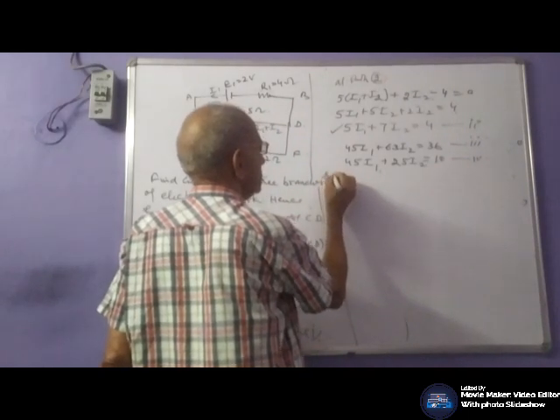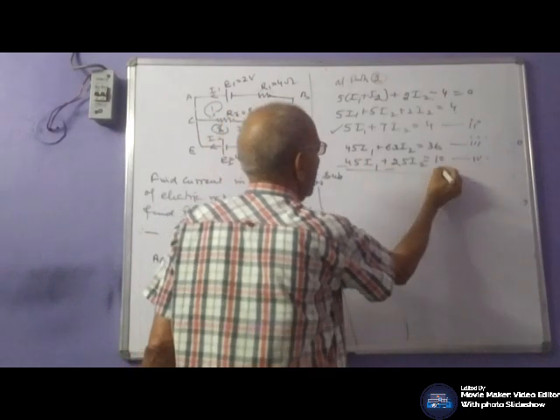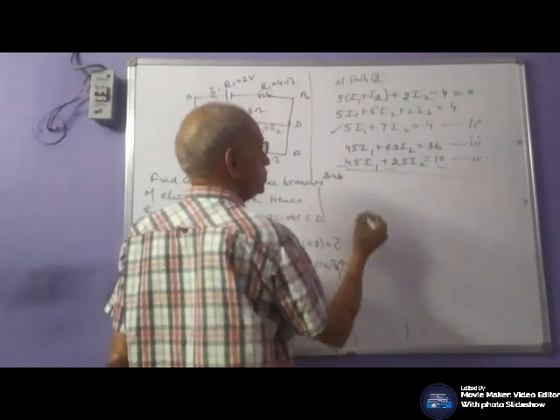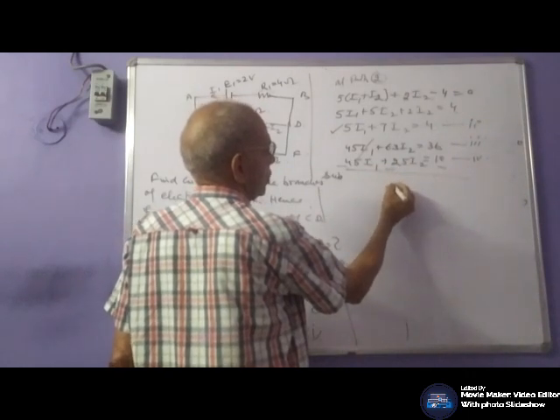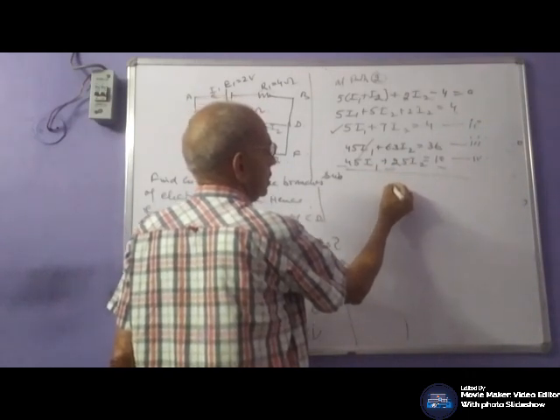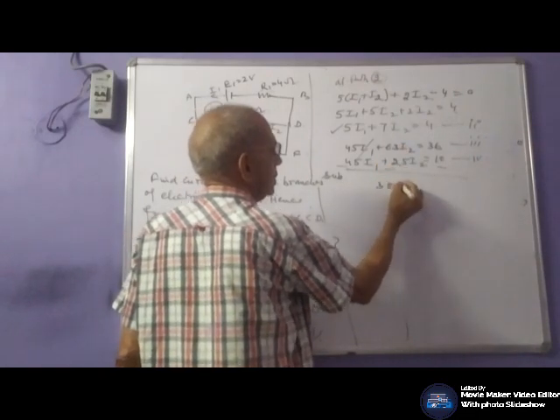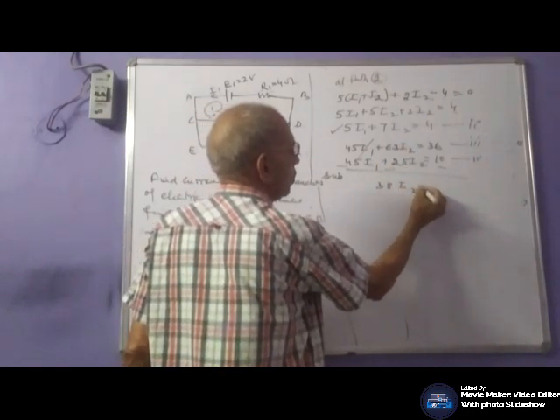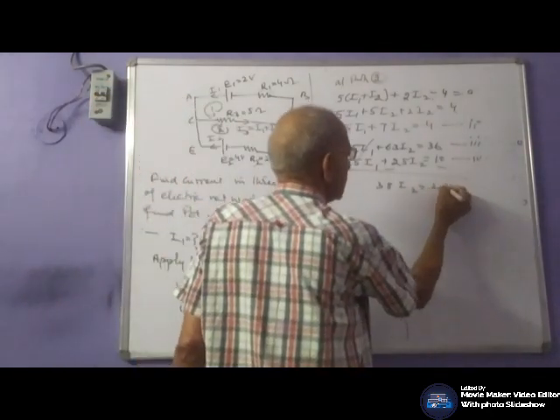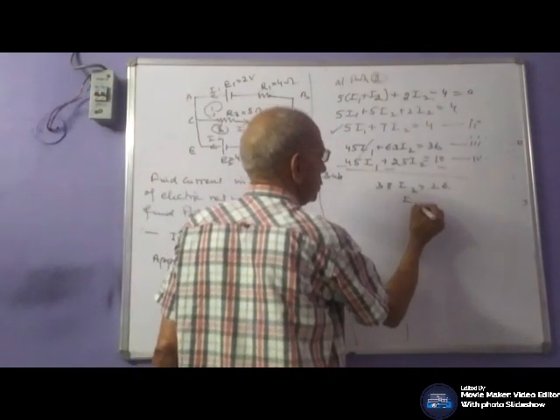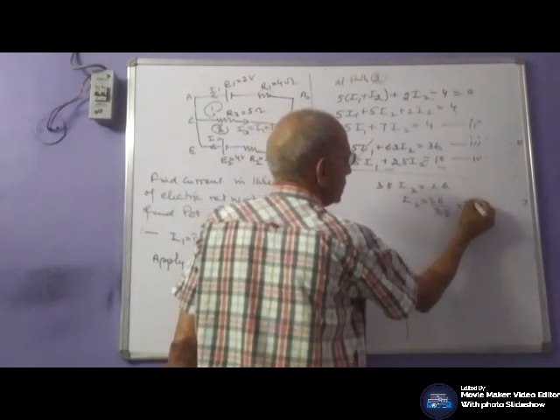Subtracting, minus, this is cancelled, 8, I2, 26, I2, 26 by 38.